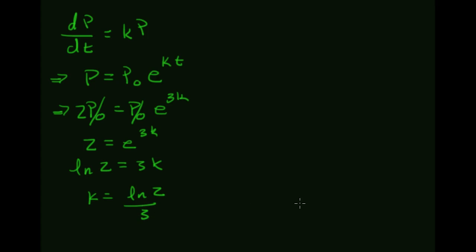So now what we want to know is at what time does the population triple? So 3 times the initial population should be the initial population times e to the natural log of 2 over 3 times t. Again, that cancels, so 3 is e to the natural log of 2 over 3 t.